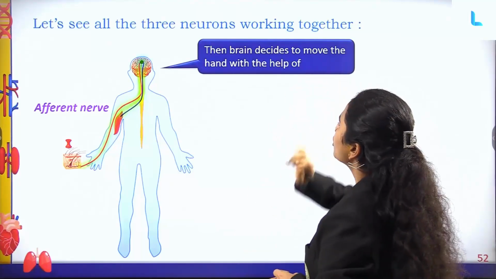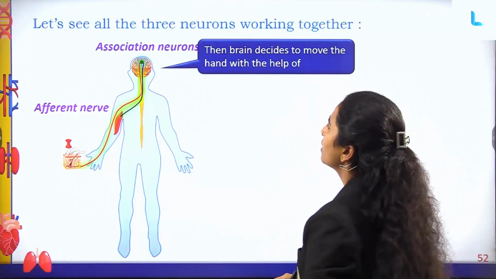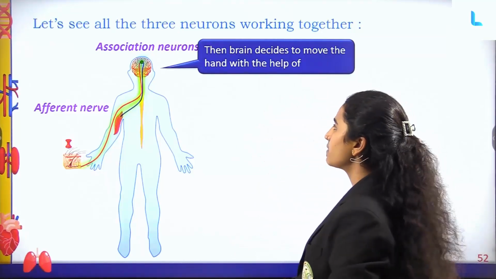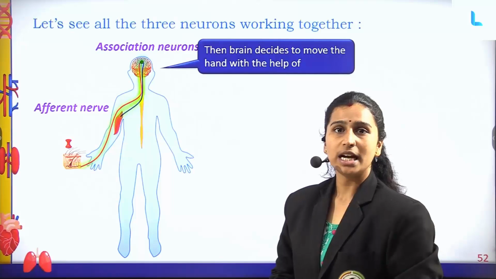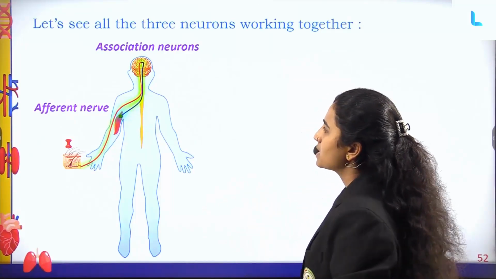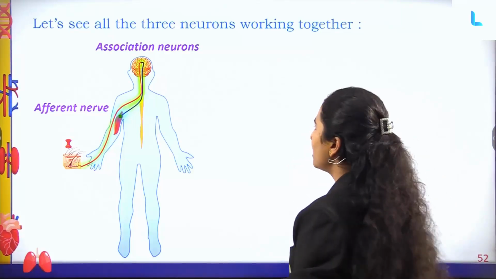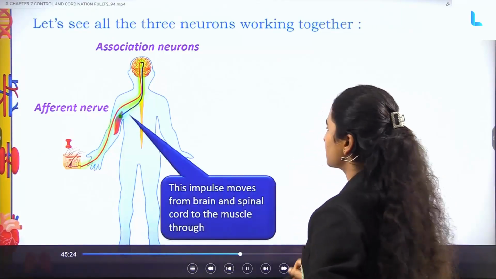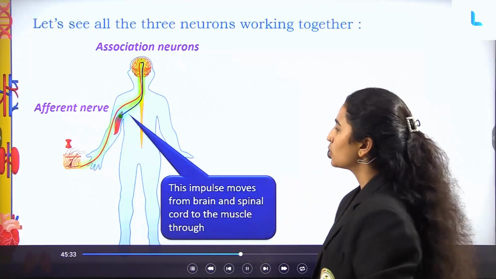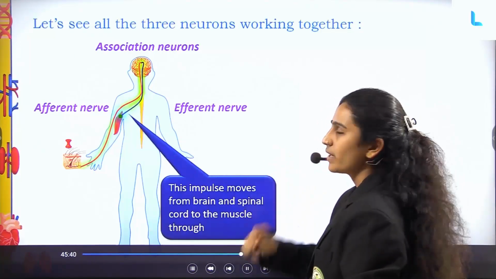And then the brain will decide to move the hand with the help of the association of neurons. With the help of the central nervous system, our brain decides to move the hand off the pin. And that message is given to the muscles by efferent nerves. So this impulse moves from the brain and spinal cord to the muscle through the efferent nerve.